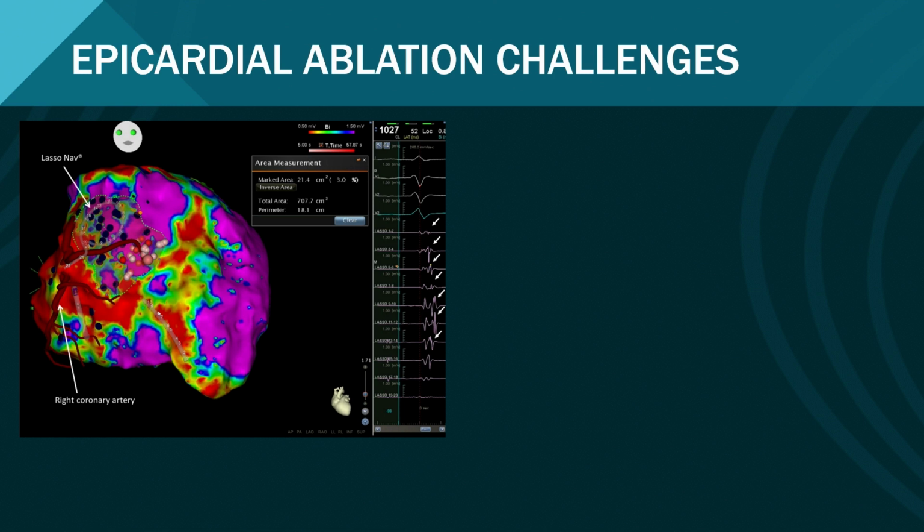So anyway, I have no experience of using pulse field because of a coronary artery being in the way between my ablation catheter and the target. But this happens with this condition, and it happens with ARVC as well.